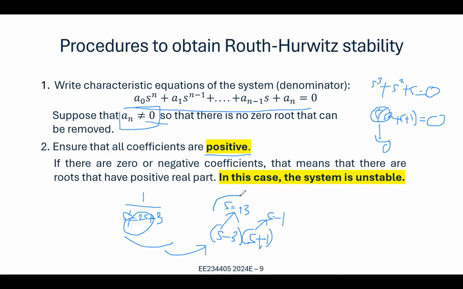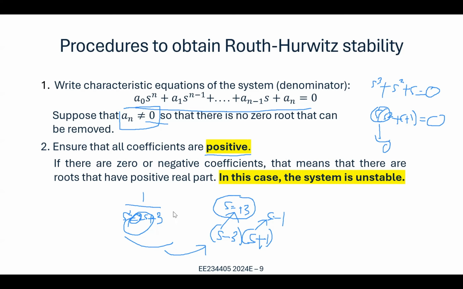So there is a pole with positive real part. How do we know this? By looking at this, there is a negative coefficient here, which means that one of the components will have a negative sign, which implies that the value of s itself is positive.